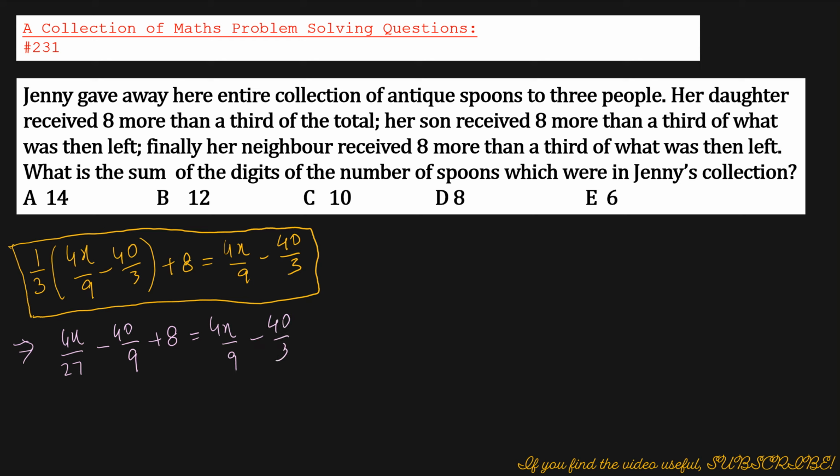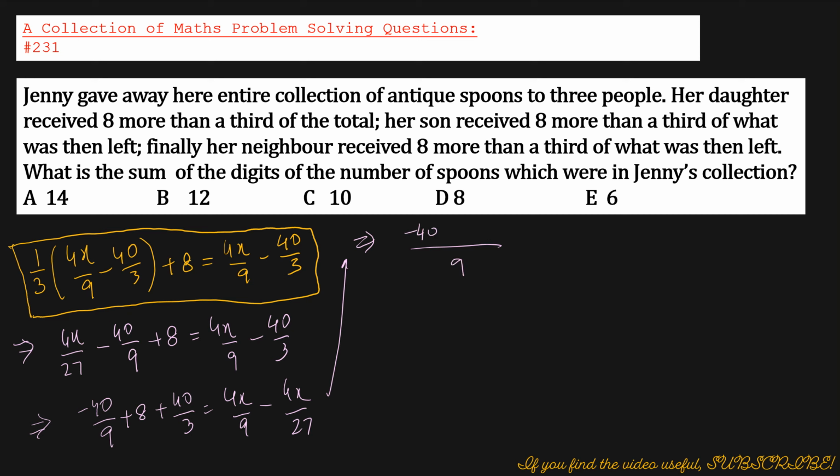If we collect the X's to one side, we get minus 40/9 plus 8 plus 40/3 equals 4X/9 minus 4X/27. Taking the denominator as 9, that is minus 40 plus 8 times 9, which is 72, and 3 times 40, so plus 120, and that equals, with denominator 27, 12X minus 4X.